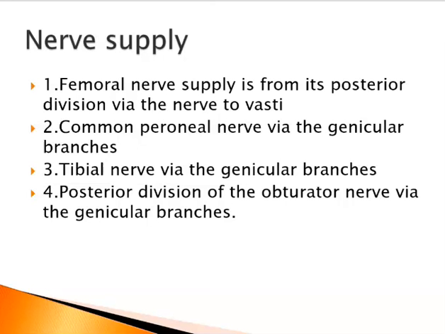From femoral nerve, the supply is from its posterior division via nerve to vasti. From common peroneal nerve, it is through genicular branches. From tibial nerve, again via genicular branches. Then obturator nerve via its posterior division through genicular branches.